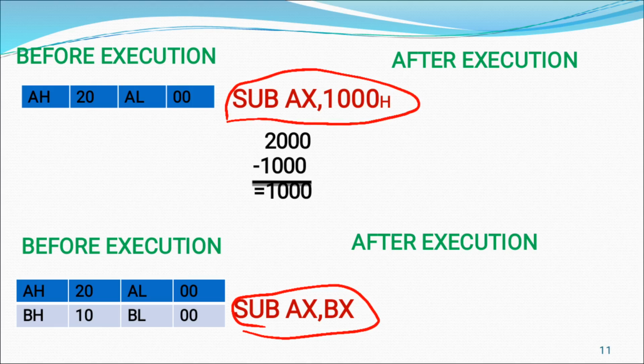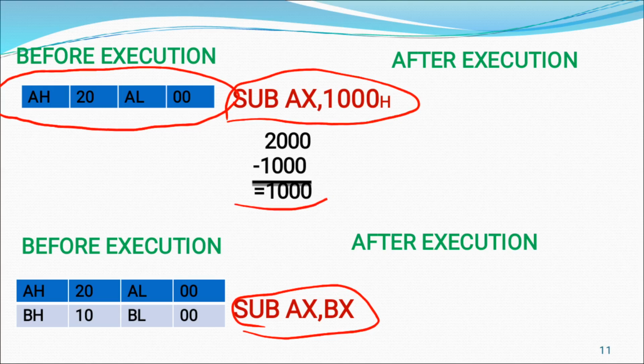Taking the first example, SUB AX comma 1000, let us consider the content of AX is 2000. If we subtract 1000 from 2000, the result will be 1000. This result will be stored in the AX register.